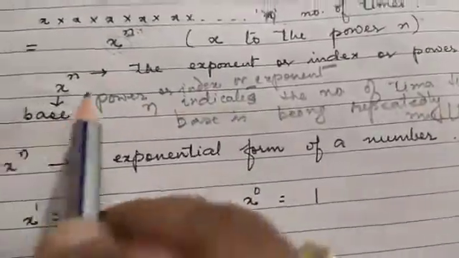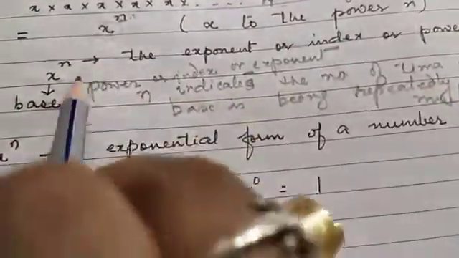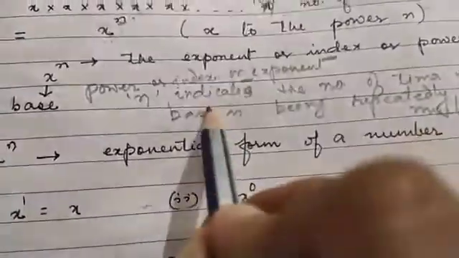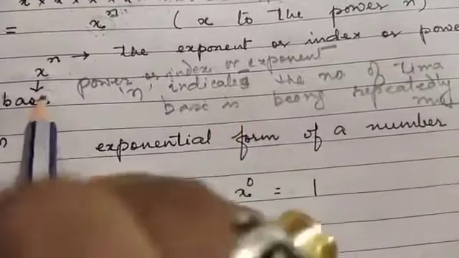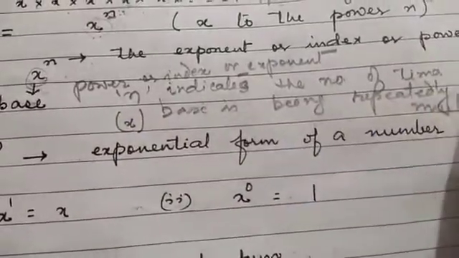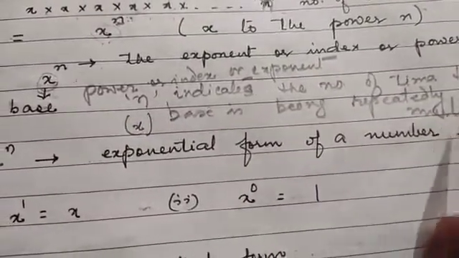Right? Here n indicates what? N, which is the power or index or exponent, indicates the number of times the base is being repeatedly multiplied. Base is what? X. Here the base is x.